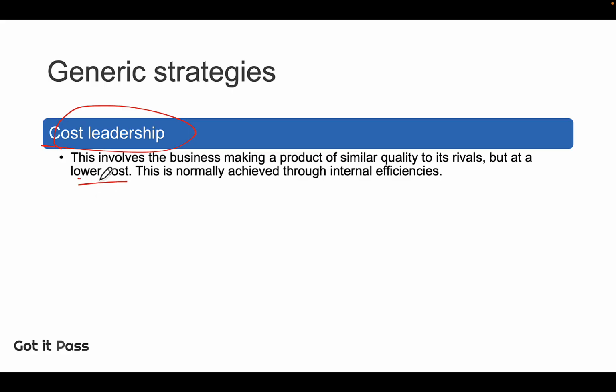In other words, a firm or an organization is looking for the best or the most efficient way to produce, so it has the lowest product cost in the competitive environment, and it is normally achieved through internal efficiency. So internal efficiencies is the best way for an organization to achieve cost leadership in the market.